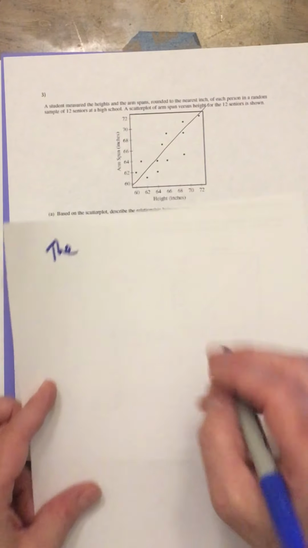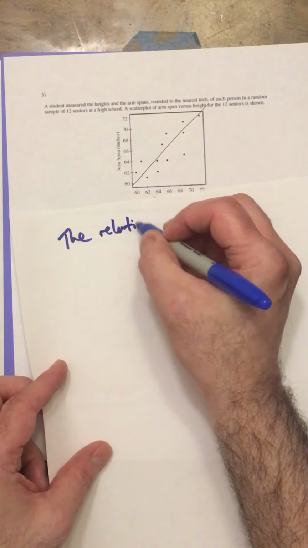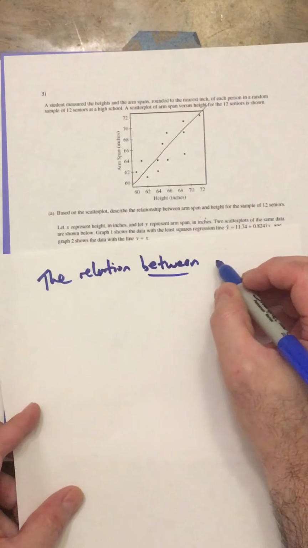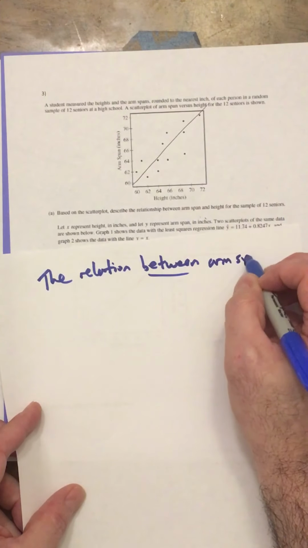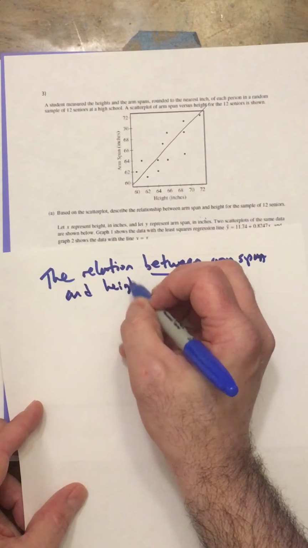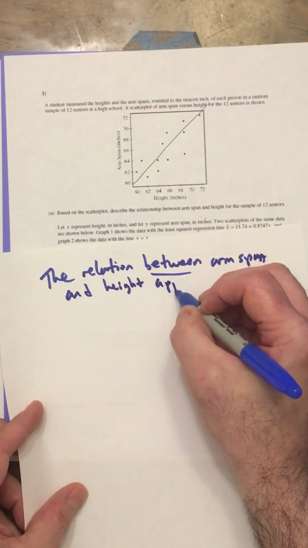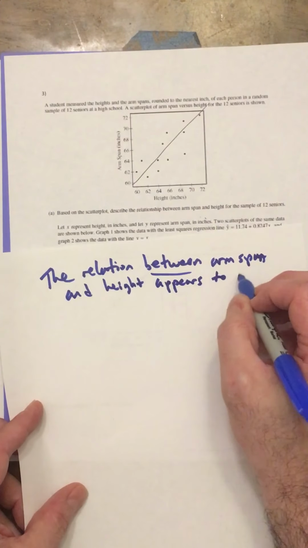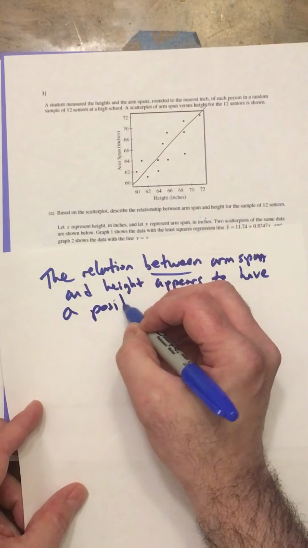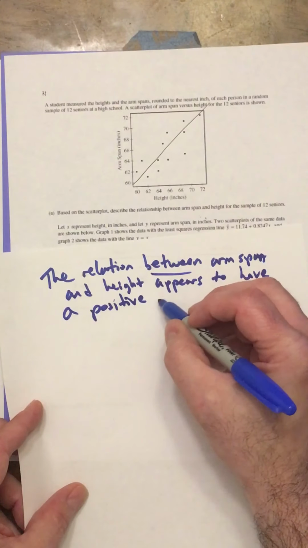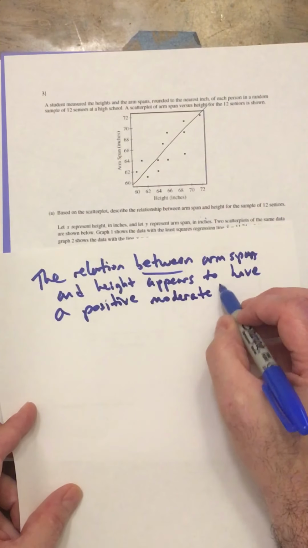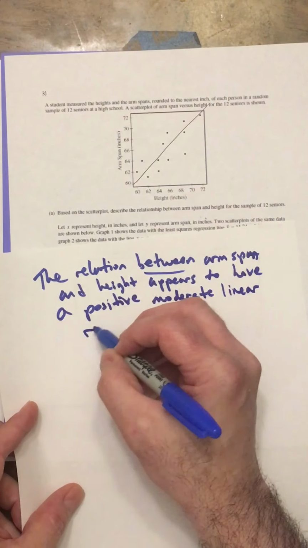let's see, the relationship between, and here's where your context is, between arm span and height appears to have a positive, moderate, linear relationship.